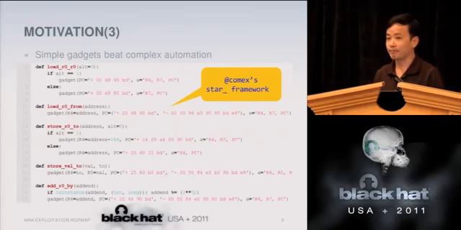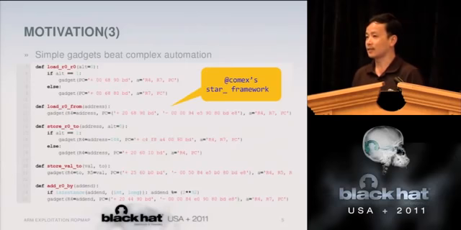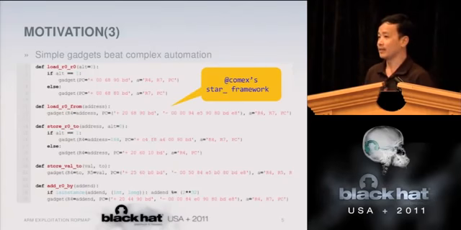In his presentation, he does ROP automation with a solver and a lot of language. But from my observation and practical use, Comex's framework with just simple gadgets can beat that automation tool in terms of time to deploy the exploit.